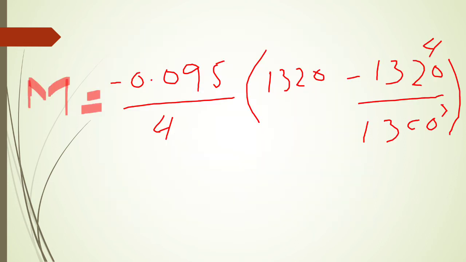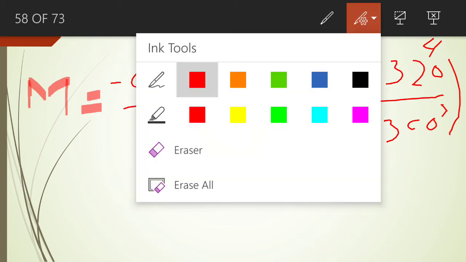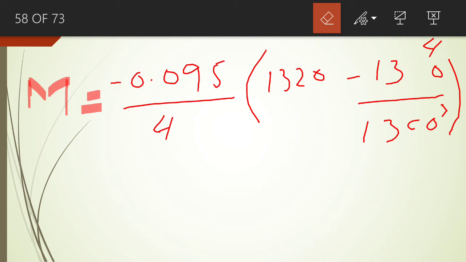Let me make a correction: we have 1300 raised to power 4, and we have 1320 raised to power 3 in the denominator.